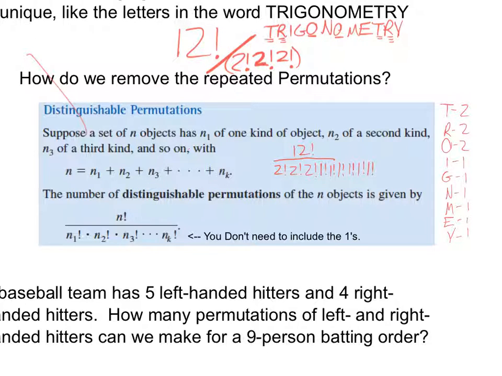Now, do we need to include all of those 1 factorials? No. Those all just equal 1. We don't need to worry about those. So we usually just leave those out. Okay? And we get what we have right here. 12 factorial over 2 factorial times 2 factorial times 2 factorial. Okay? Any questions so far?